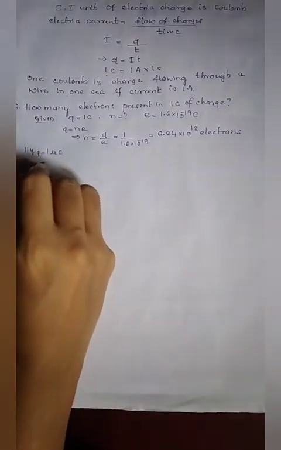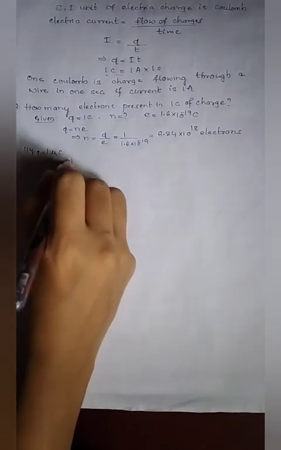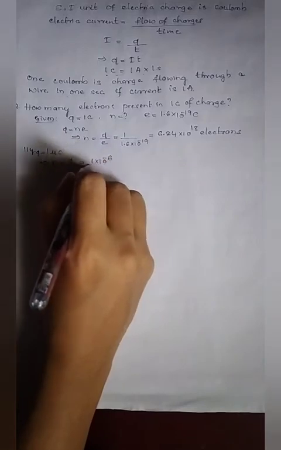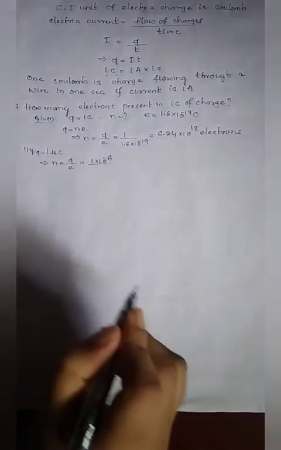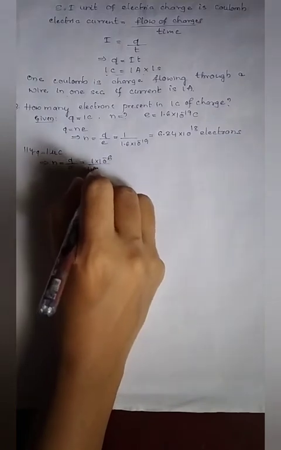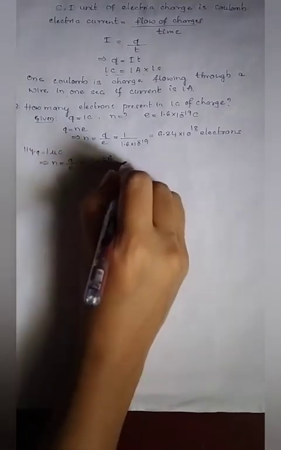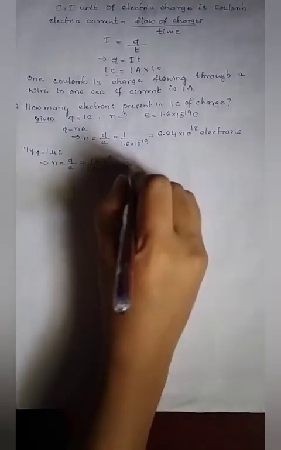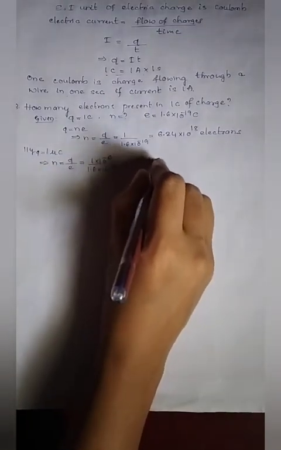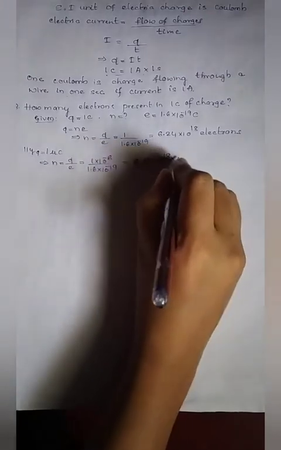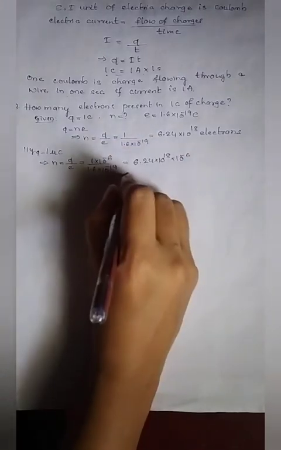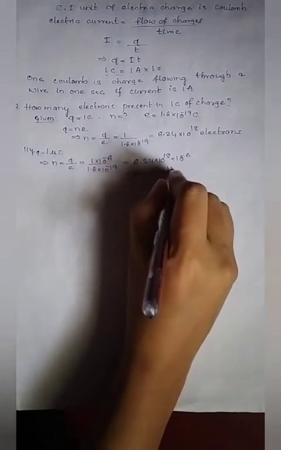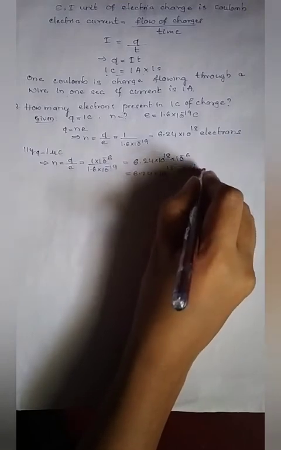N equal to again Q by e, which is 1 into 10 raised to minus 6, since micro means 10 raised to minus 6, divided by 1.6 into 10 raised to minus 19. We know the value of 1 by 1.6 into 10 raised to minus 19 is 6.24 into 10 raised to 18, so N is 6.24 into 10 raised to 18 into 10 raised to minus 6, which is equal to 6.24 into 10 raised to 12 electrons.